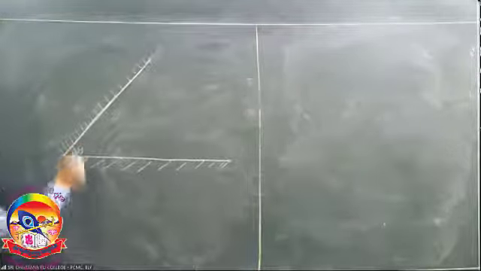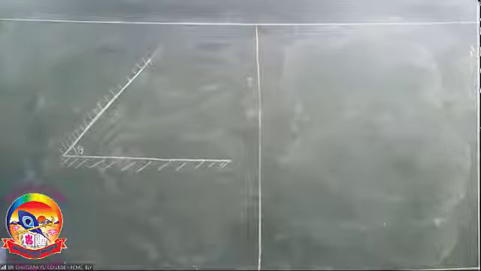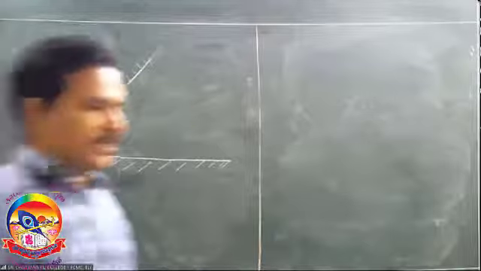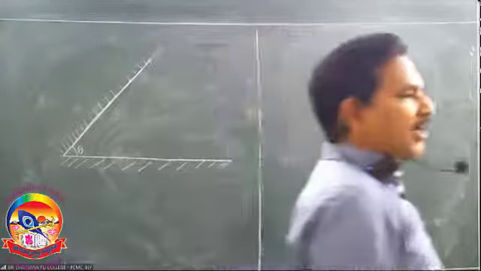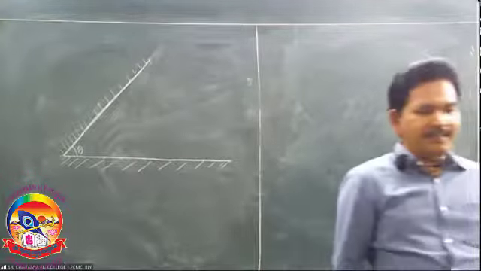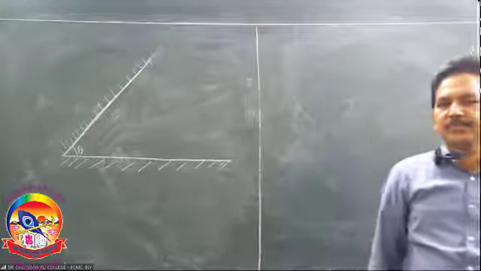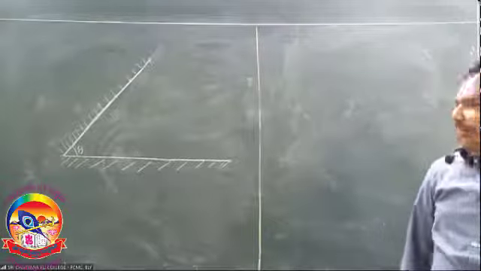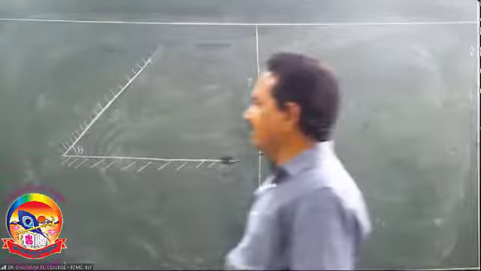The angle is theta, the angle between the two mirrors. I want to calculate the total deviation by an incident ray.